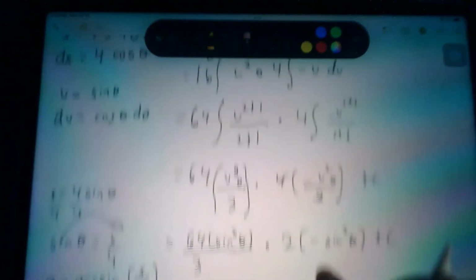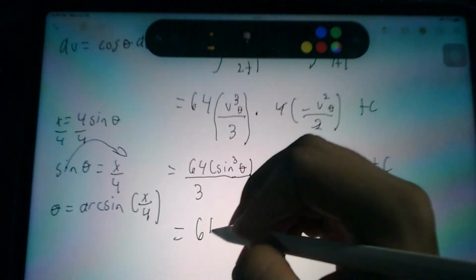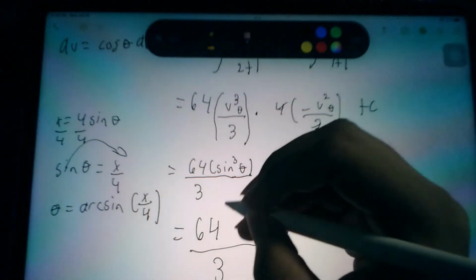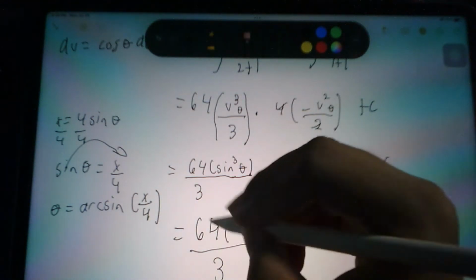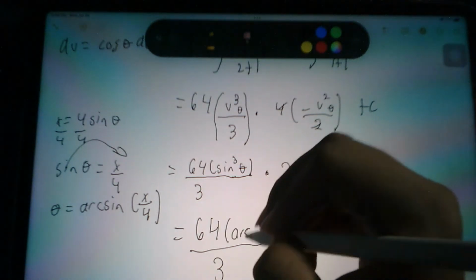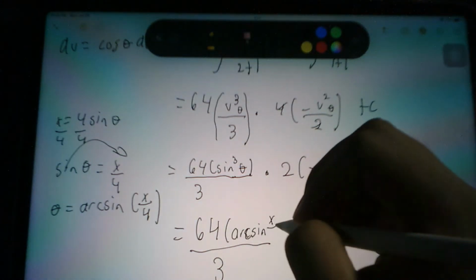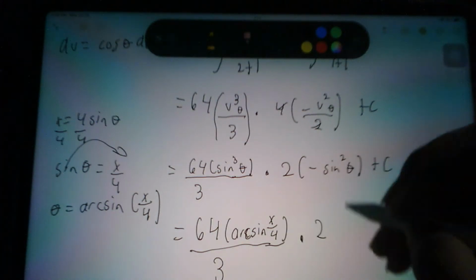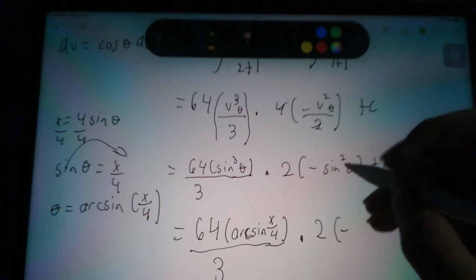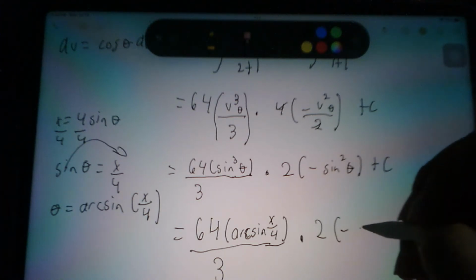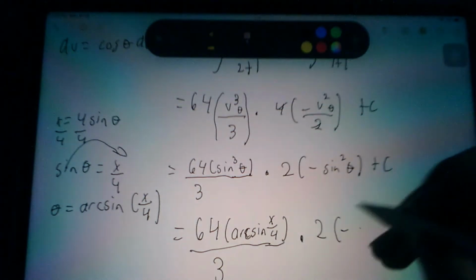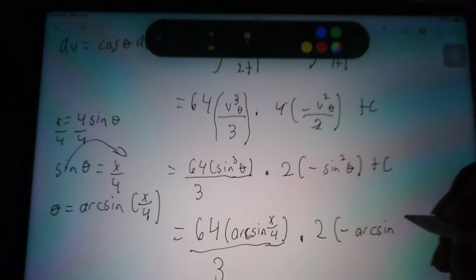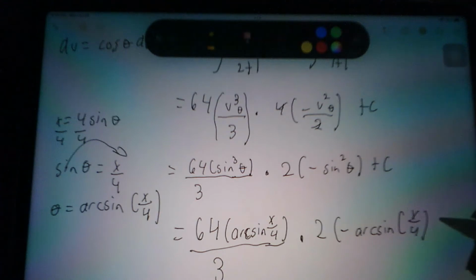Now, by simplifying this even further, our answer will become 64 over 3 arc sine of x over 4 times 2, negative arc sine x over 4 plus c.